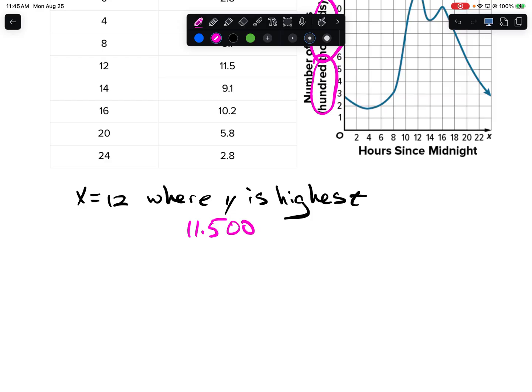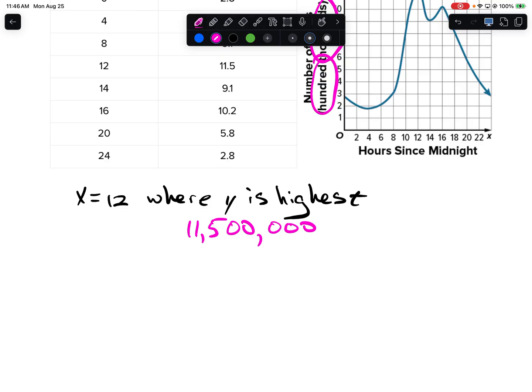So 1, 2, right? So then I don't need that decimal point anymore. That's unnecessarily confusing, right?